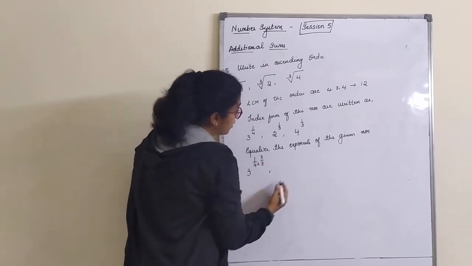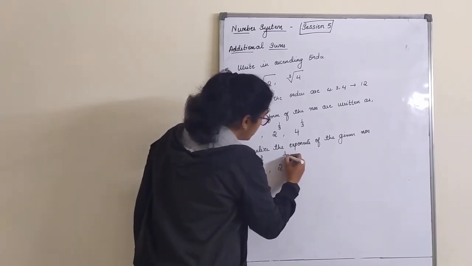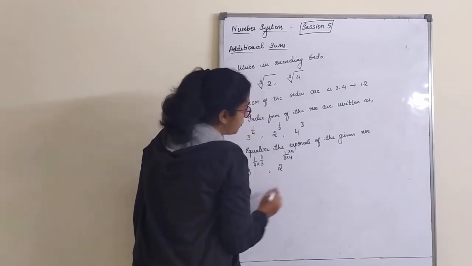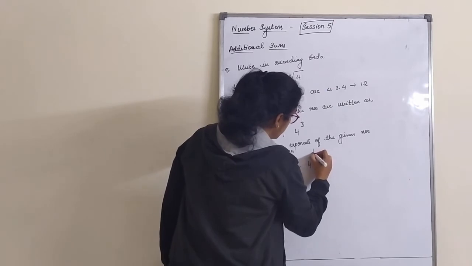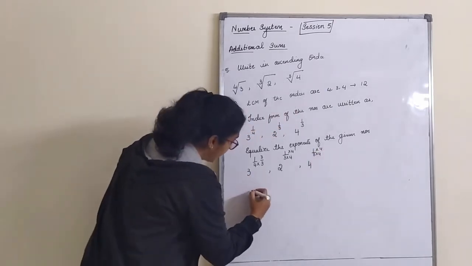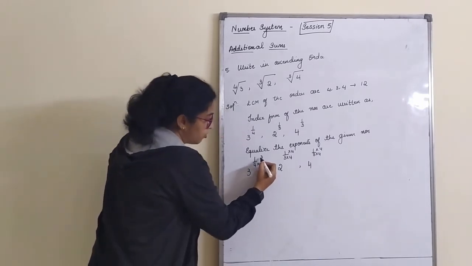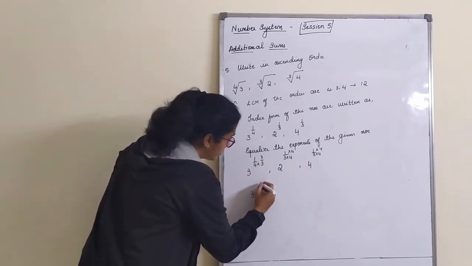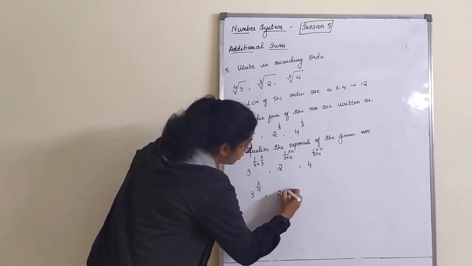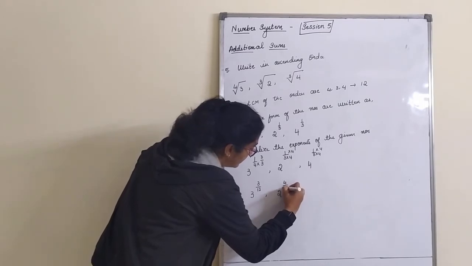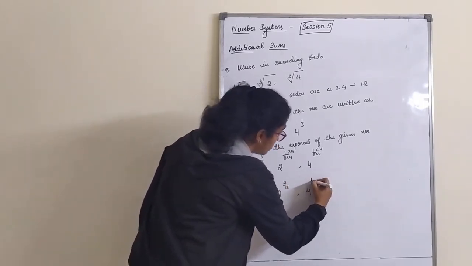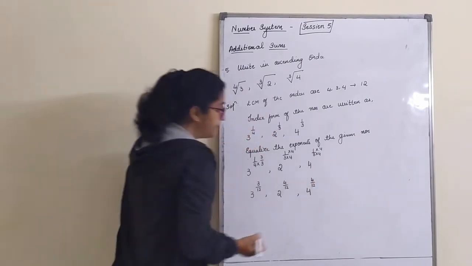So into 3, comma 2 raised to 1 by 3 into 4 over 4. Next 4 raised to 1 by 3 into 4 over 4. I can write this number as 3 raised to, don't cancel 3 and 3 again, 3 by 12, comma 2 raised to 4 by 12, comma 4 raised to 4 by 12.